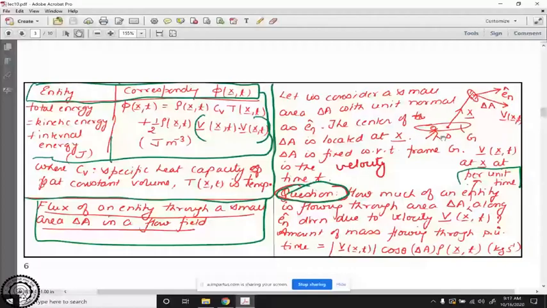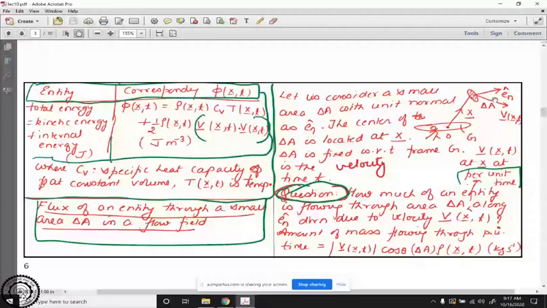So a frame G is an observer, and you have origin O, point O fixed to the frame G, and then you have a small area delta A, okay, with its normal defined in this fashion. So you can think of delta A, a small area, as a vector, and we define its direction in this way. En is like this.